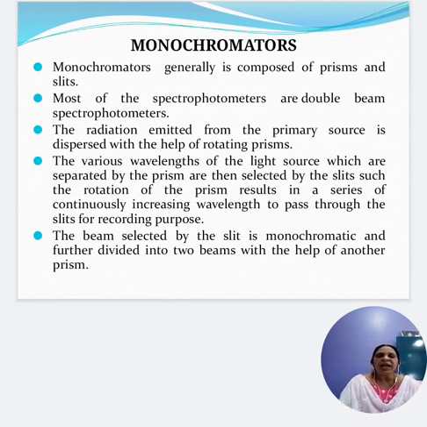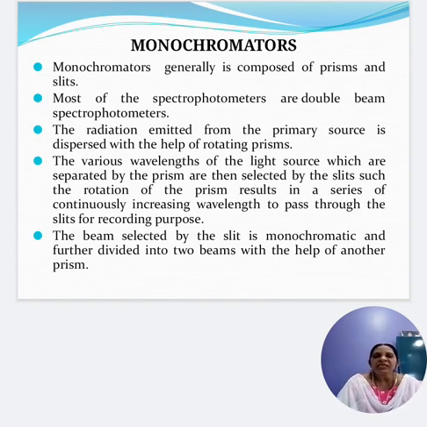The radiation emitted from the primary source is dispersed with the help of a rotating prism. The prism acts as the monochromator. The various wavelengths of light separated by the prism are then selected by the slits, such that the rotation of the prism results in a series of continuously increasing wavelengths passing through the slits for recording purposes.